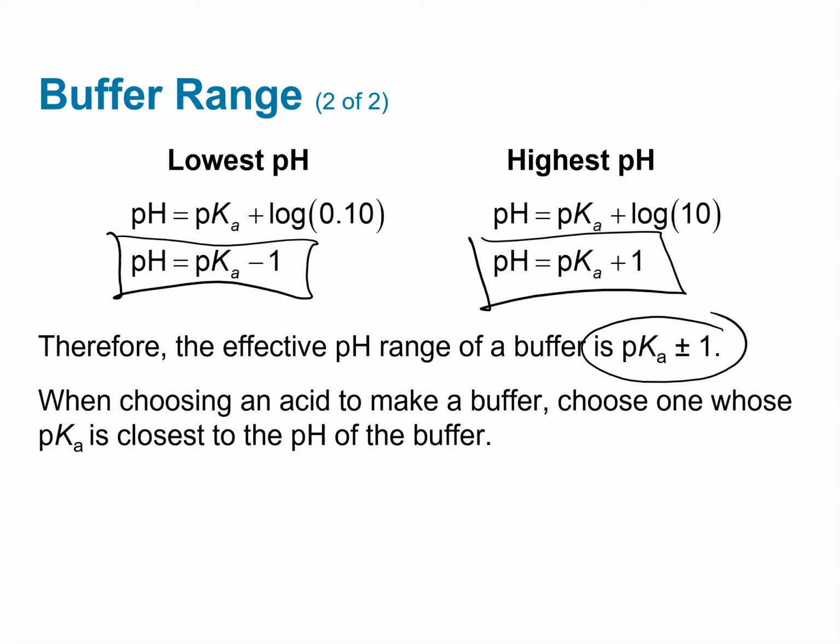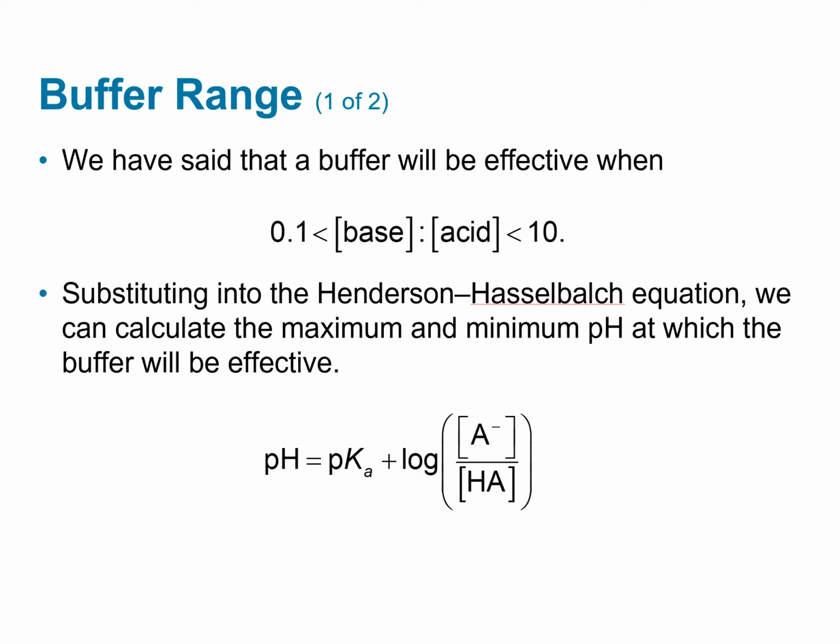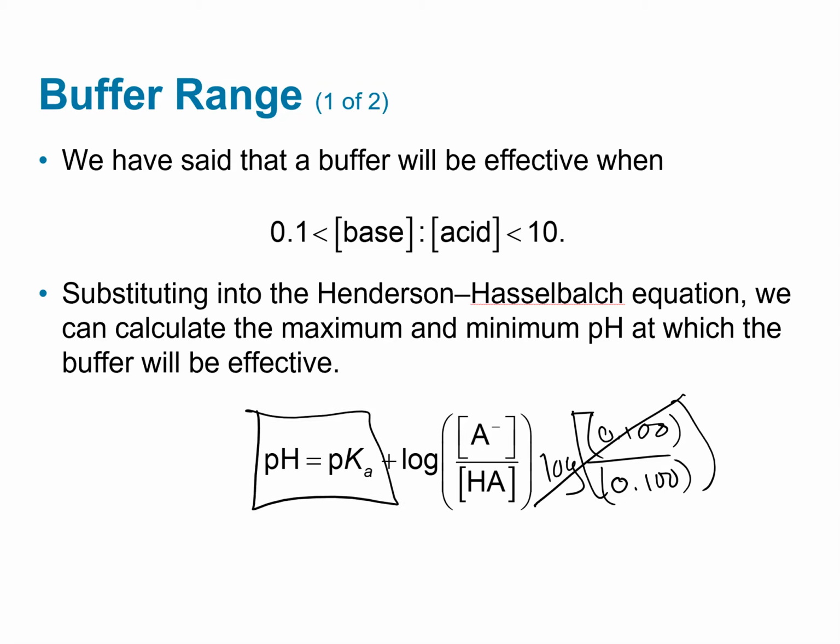So if we look at the log of conjugate base to weak acid for that situation, 0.100 over 0.100, and take the log of it, what's the log of 1? It's 0. So when you have equimolar concentrations, this whole term goes away, and pH just equals pKa.